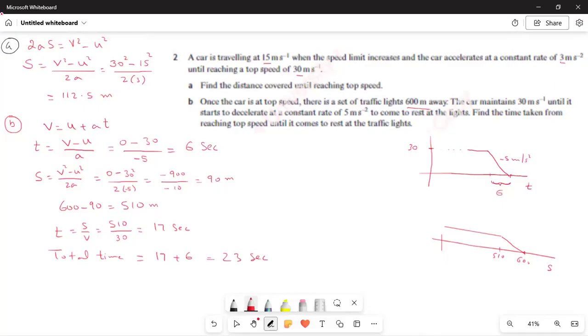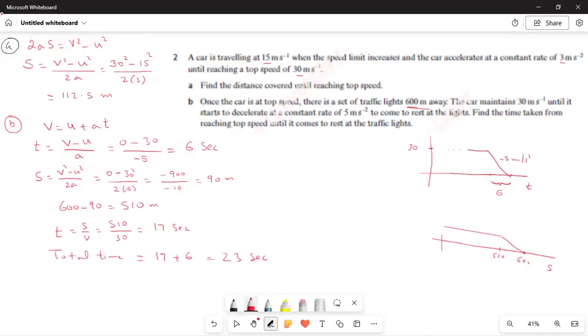Is it clear or no? You see, when the driver saw the set of lights, it was 600 meters away. For the first 510 meters, it kept going with the same speed of 30 meters per second, so it took 17 seconds. For the last 90 meters, he started applying the brake and reduced his speed from 30 to 0, and it took him 6 seconds to stop.